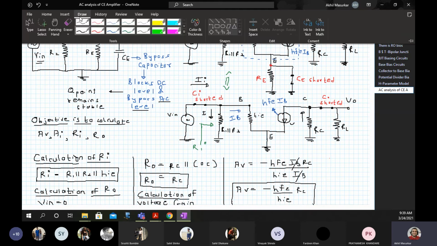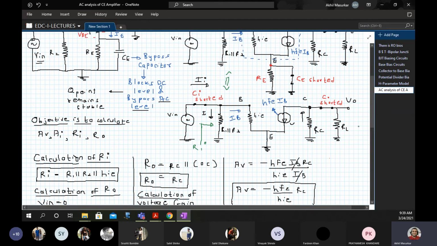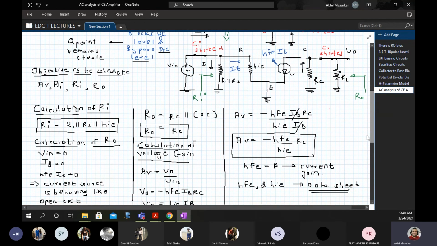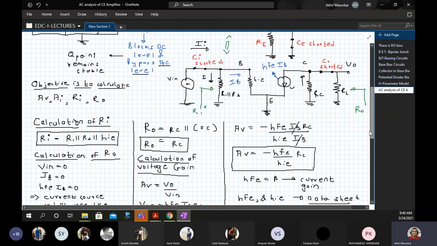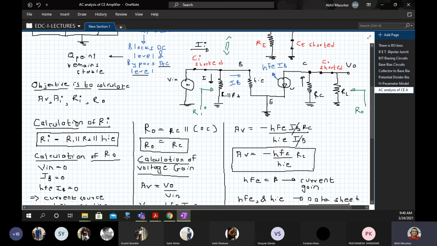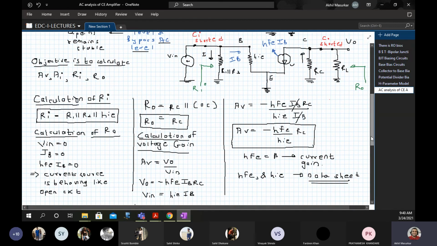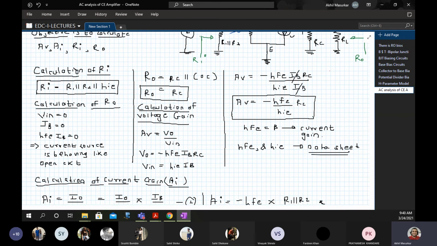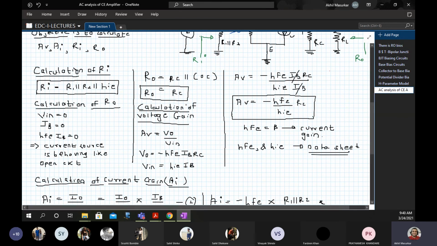And now my output impedance as seen from this side will be R0. So I did nothing on the input side, so calculation of Ri remains the same. The R0 calculation is going to change.